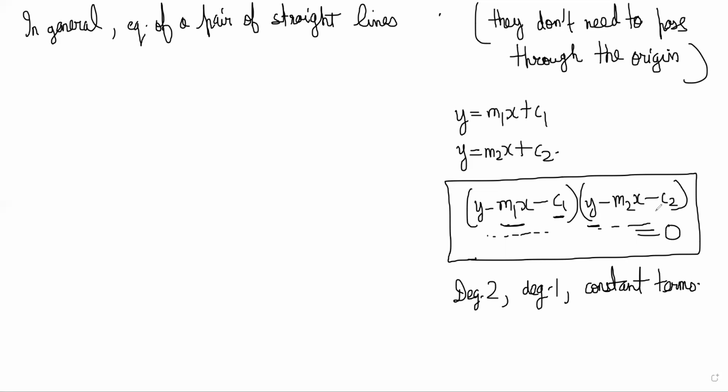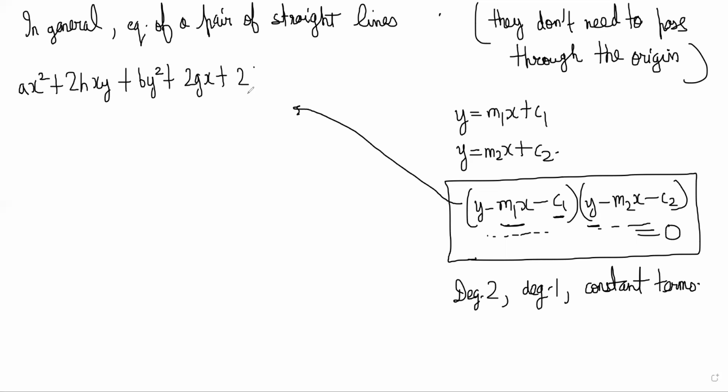Correct? So in general, the equation here will look something like this: ax square plus 2hxy plus by square plus 2gx plus 2fy plus c is equal to 0. There will be all types of terms in this equation of a pair of straight lines.